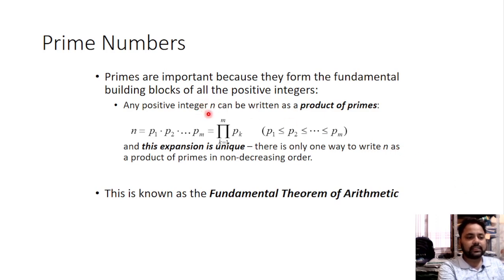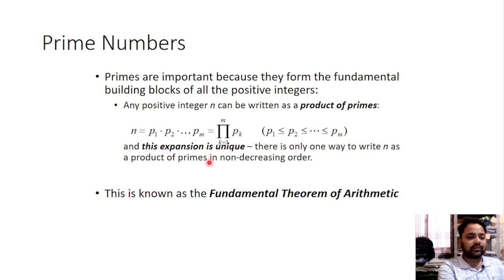Any positive integer n can be written as a product of primes, like n equals p1 times p2 times p3 up to pm, which equals the product symbol of all the primes from k equals 1 up to m of pk, where p1 is less than or equal to p2, less than or equal to p3, less than or equal to p4, up to less than or equal to pm.